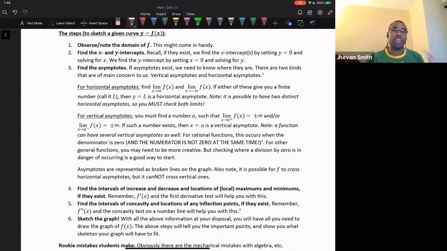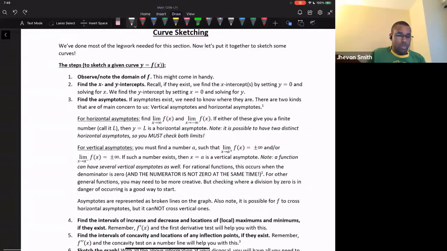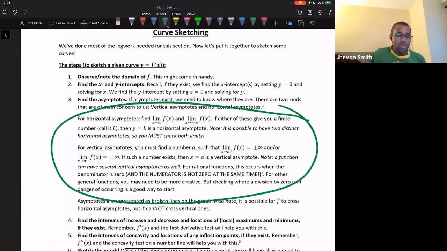The third thing you're going to do is what we just learned. You're going to find the horizontal and vertical asymptotes. I already discussed how to do that, but I have some notes here where I remind you how to do that. You find the horizontal asymptotes, you do these 2 limits.